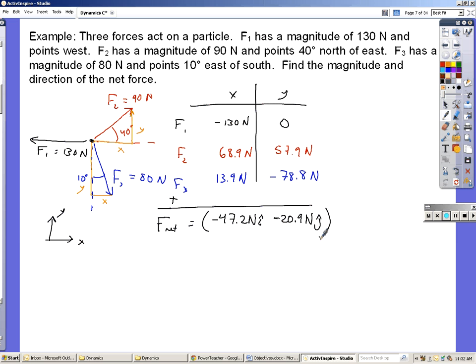I'm just going to find the magnitude. You can get the direction later. So for the magnitude, we just use the Pythagorean theorem, and we get a magnitude of 51.6 newtons. The direction is going to point somewhere into quadrant 3. I'll let you figure out the exact angle on your own for practice.